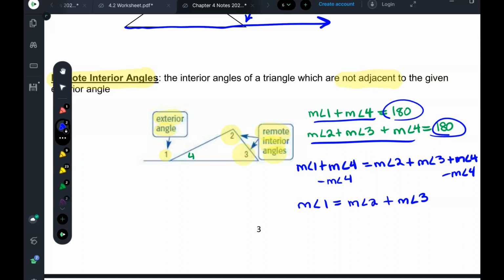So no matter what, this exterior angle will equal these two inside.